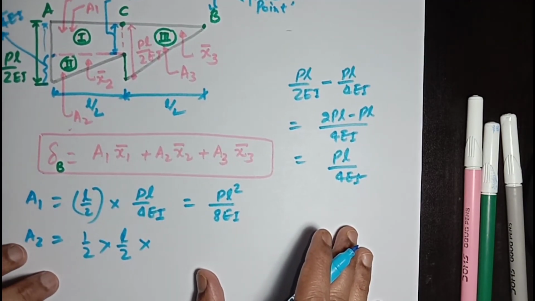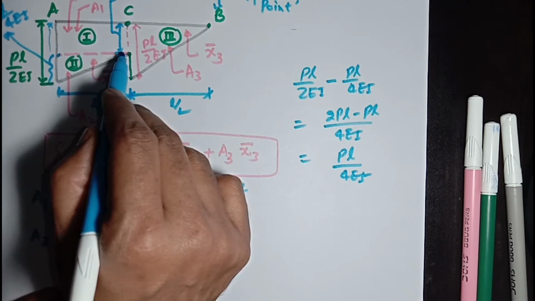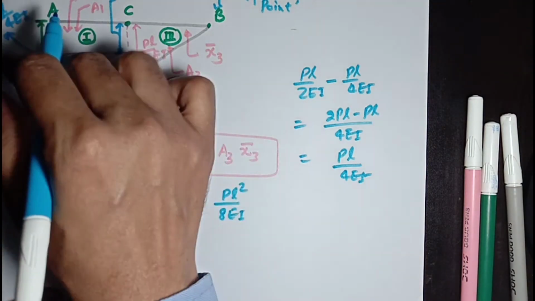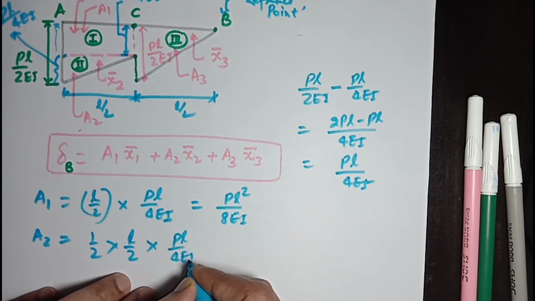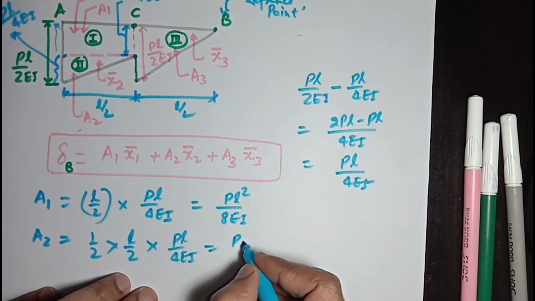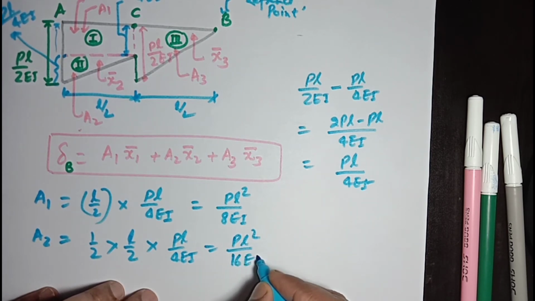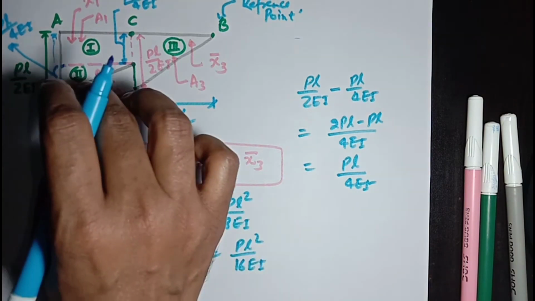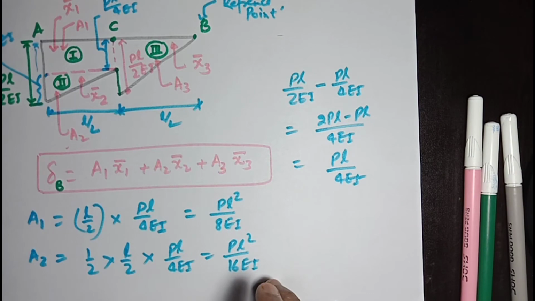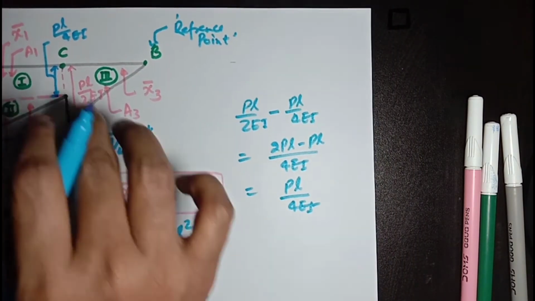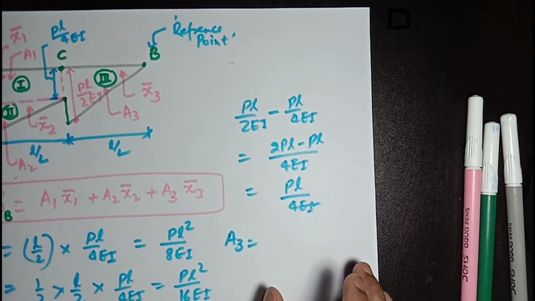So here it will be half the base of this triangle, and this length is PL divided by 4 EI, so it will be PL square divided by 16 EI. This is the area of the triangle, the second region. Now the area of the third region, A3, is also a triangle.